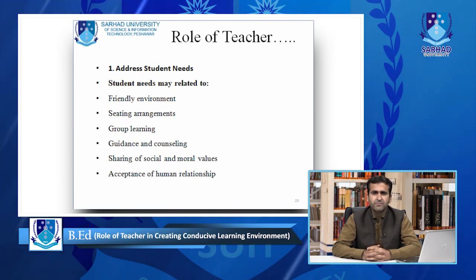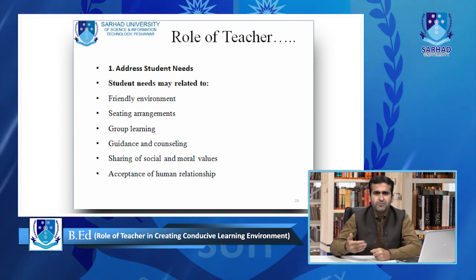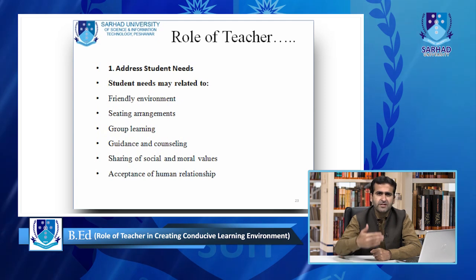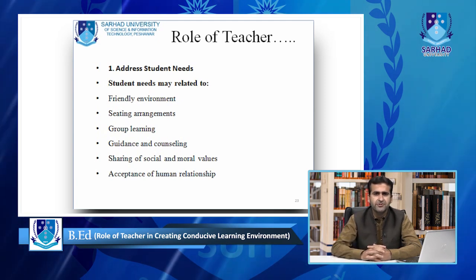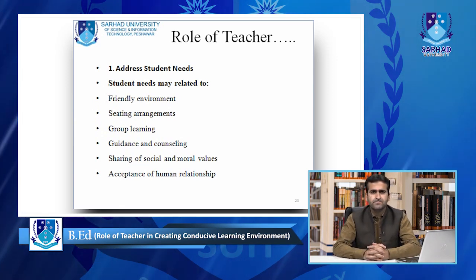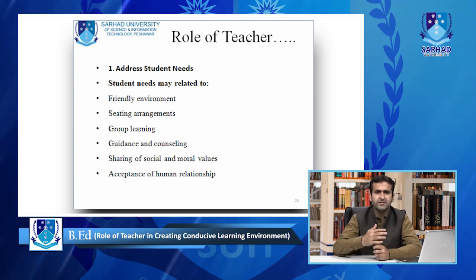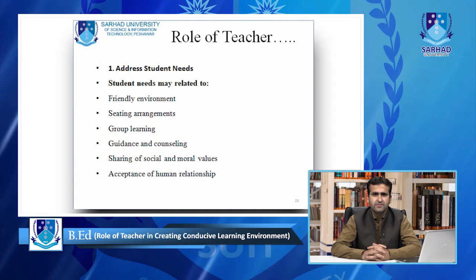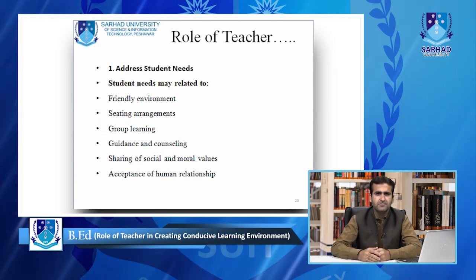By seating arrangement we mean proper rows and proper columns in which we need to adjust the students. Sometimes a student is a bit shy while sitting in front of the teacher. We need to change their position.